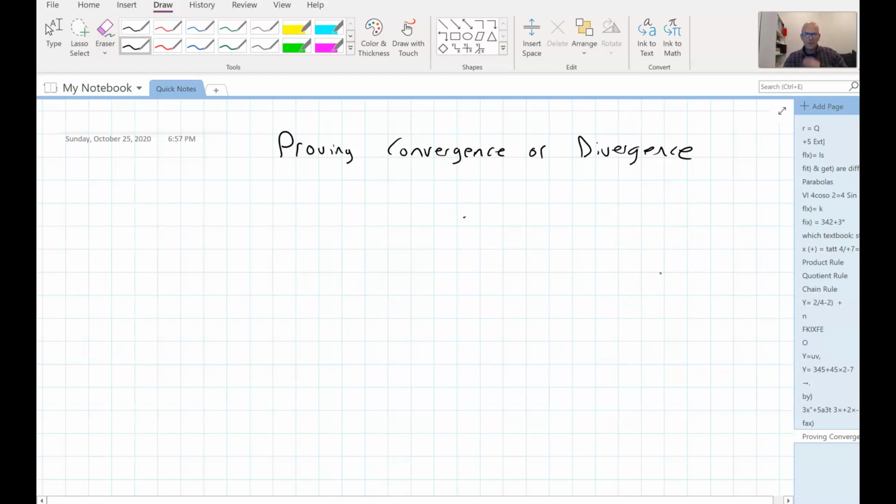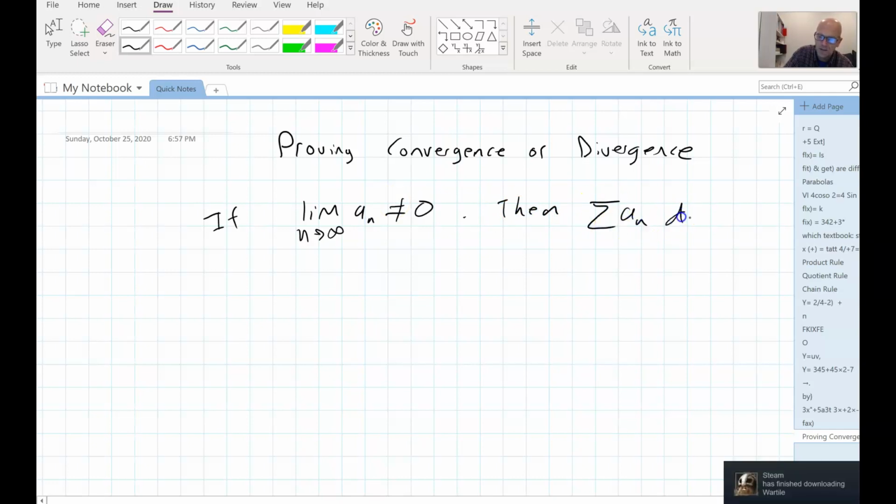For example, in the Nth Term Test, if you remember, it says if the limit as n approaches infinity of a sub n is not 0, then we can conclude that the series is divergent.